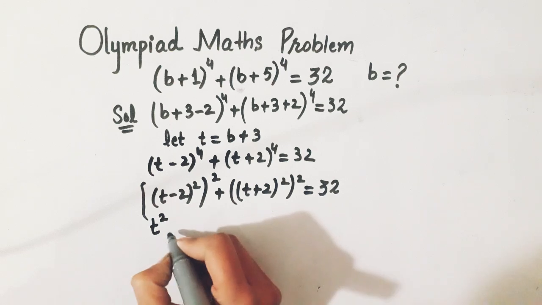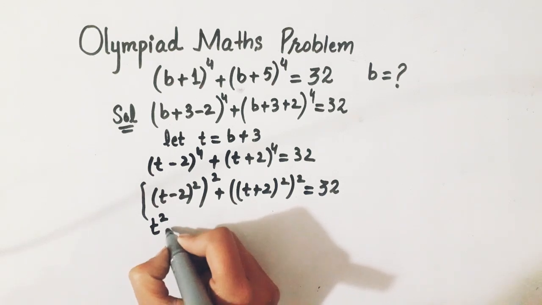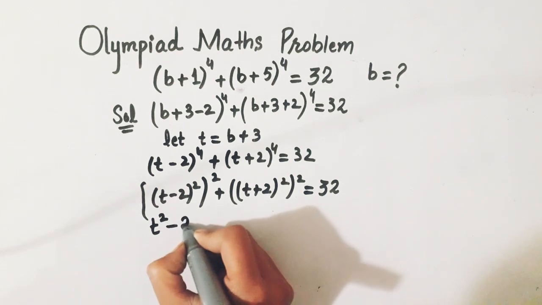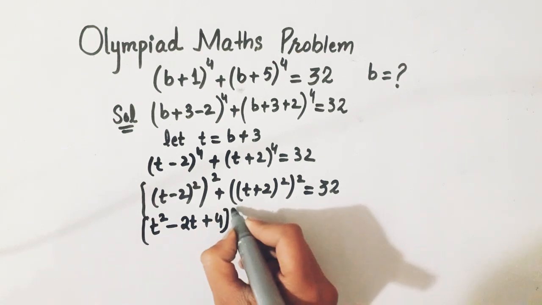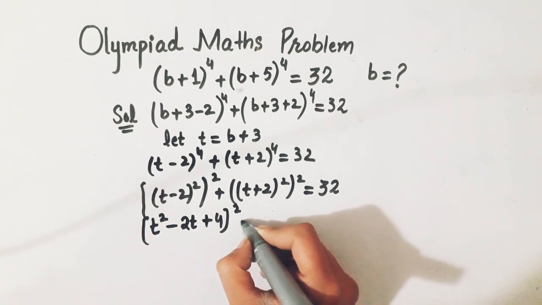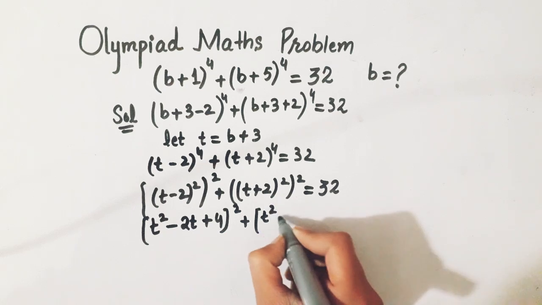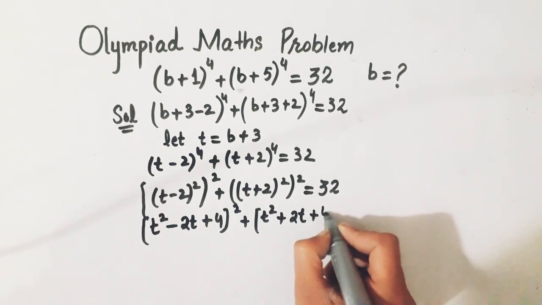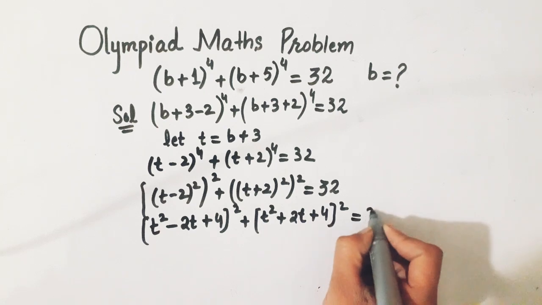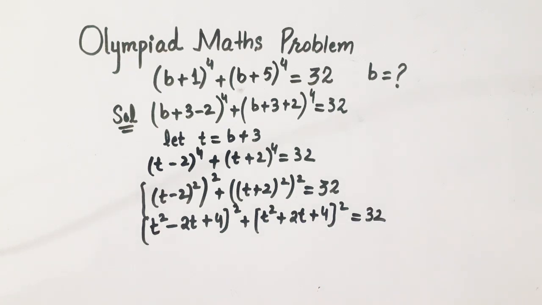So (t^2 - 2t + 4)^2 plus (t^2 + 2t + 4)^2 equals 32.